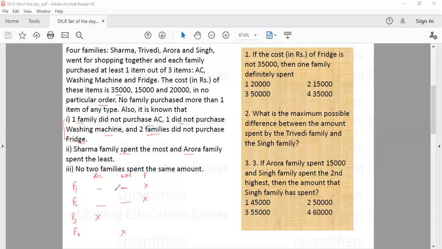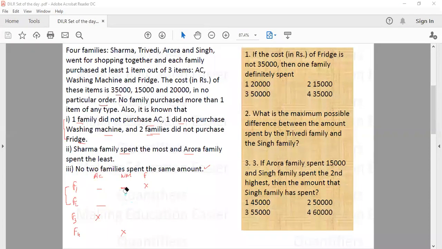So whatever the cost of AC and washing machine is, it simply means that these 2 families are going to spend the same amount during the shopping, which is not the case. No family spent the same amount as per condition number 3. In this case, family F1 and F2 are the ones who are doing the shopping for the same amount.